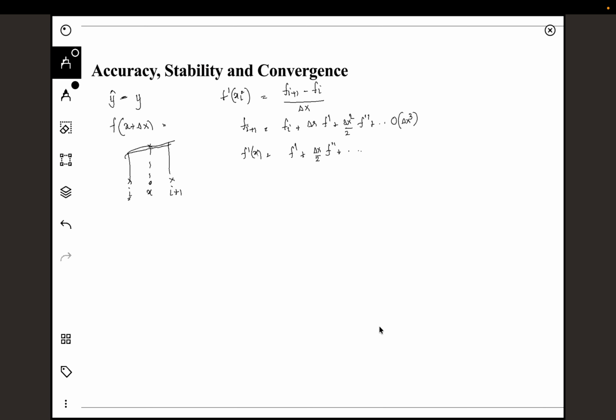This is the analytical solution, but I'm getting extra terms here. These extra terms are what we call the order of accuracy. All I have to do to reduce the error is reduce my stencil size. If I use a smaller delta x, then both of these will be closer to each other.